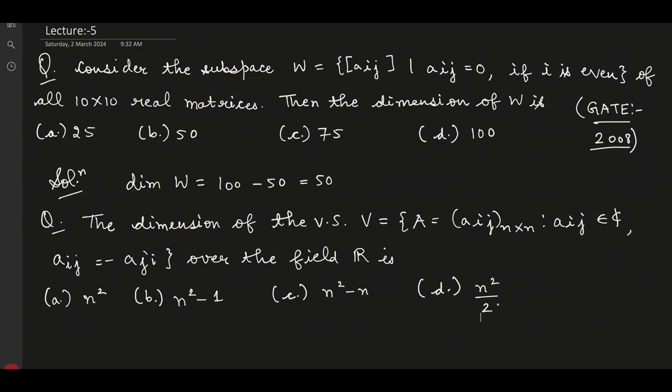It is n into n minus 1, that is n square minus n. C option.